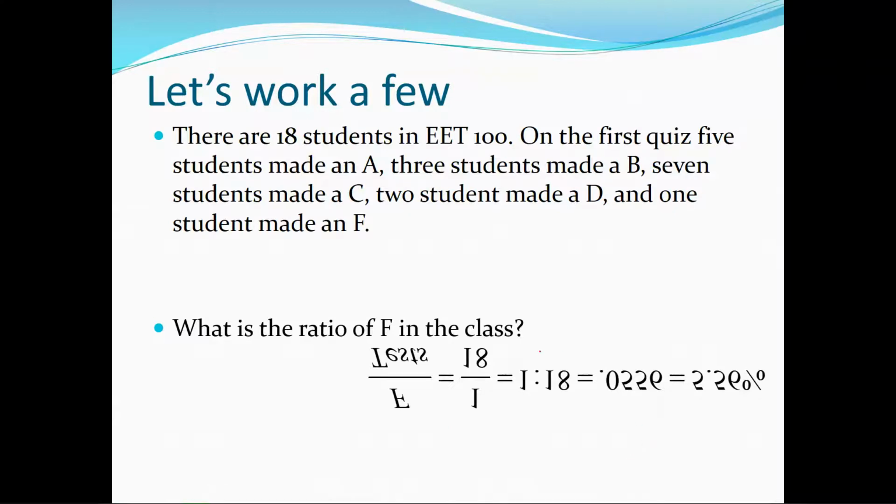I know you can't really see this very well because somehow it got flipped. I don't know how that happened. So what you should have had was 0.0556, or 5.56%.